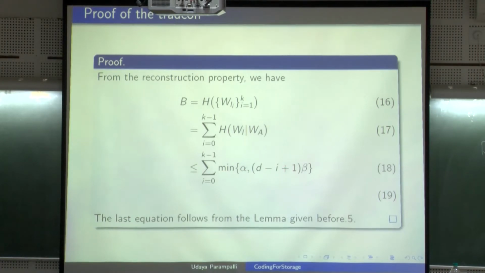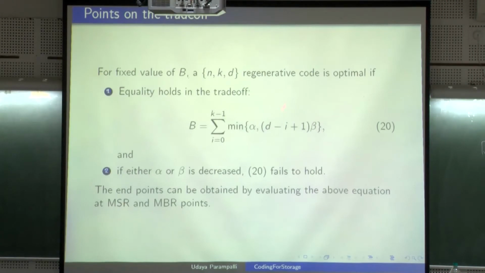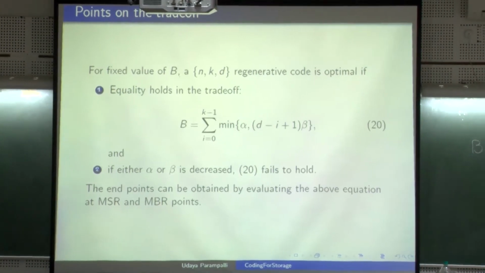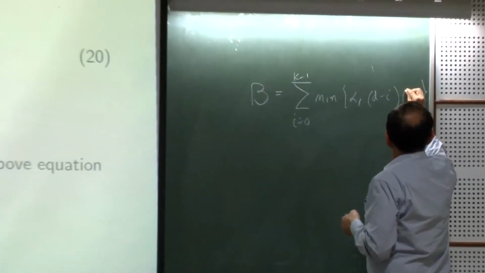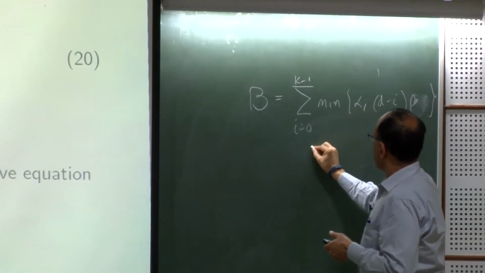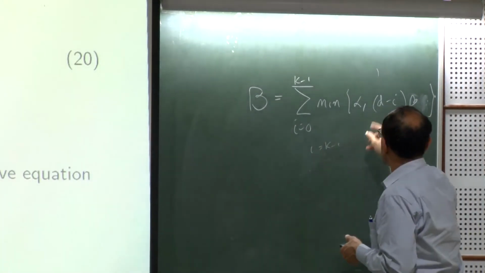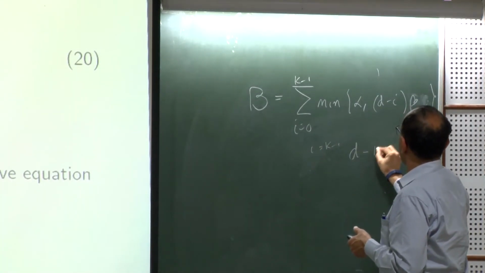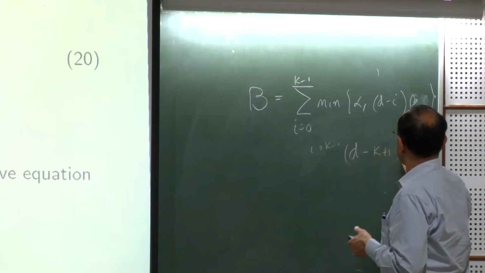So it's either alpha or d minus i times beta. When i equals k minus 1, this is d minus k plus 1 times beta.